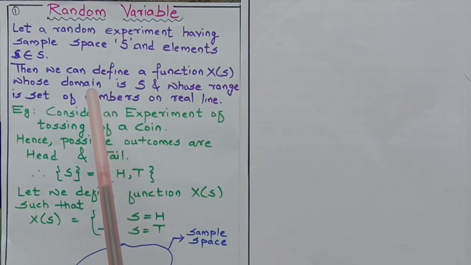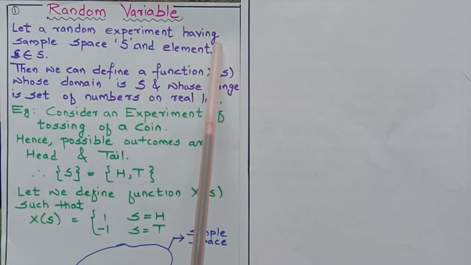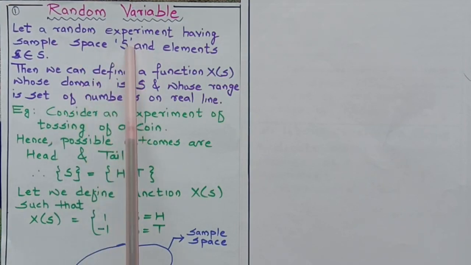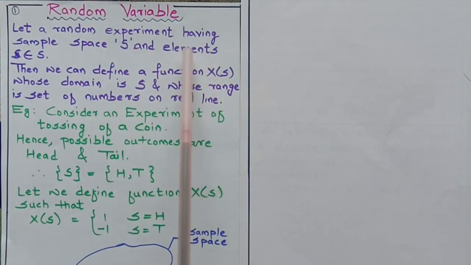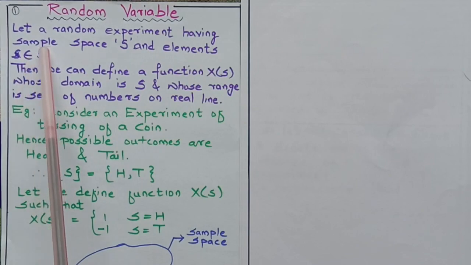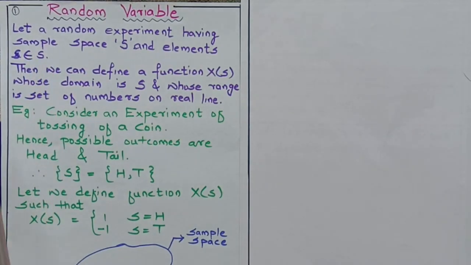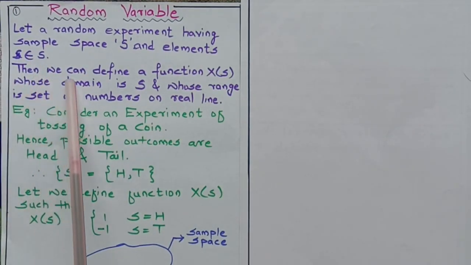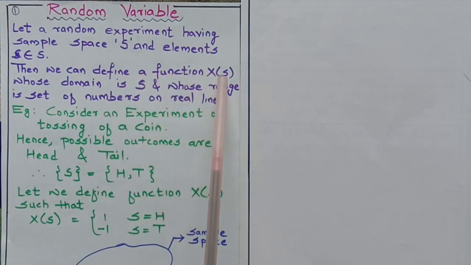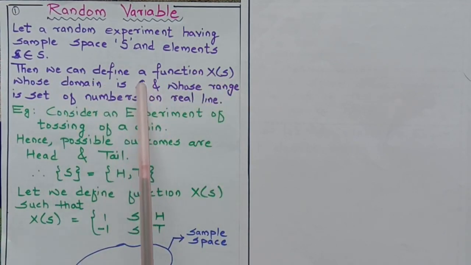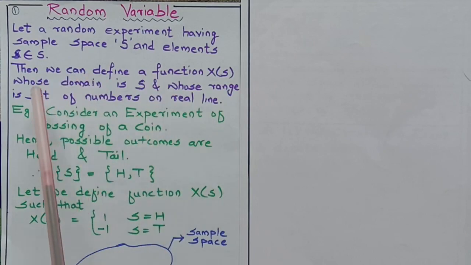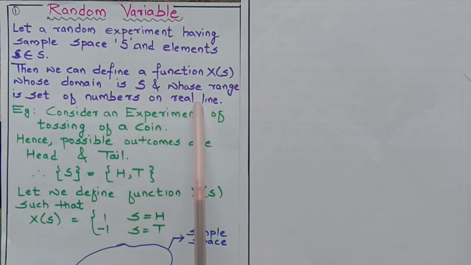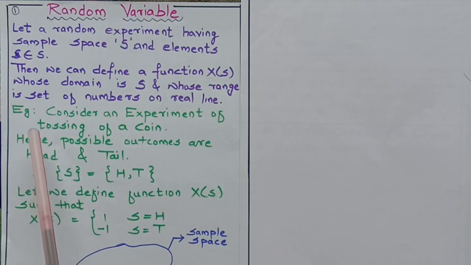Let a random experiment have sample space capital S and elements small s belonging to sample space capital S. Then we can define a function x of s whose domain is S and whose range is a set of numbers on the real line.